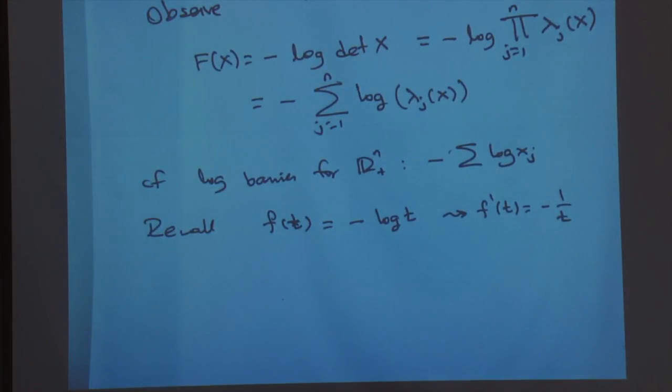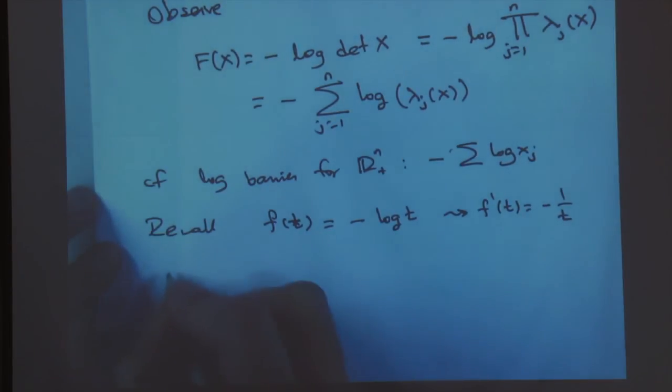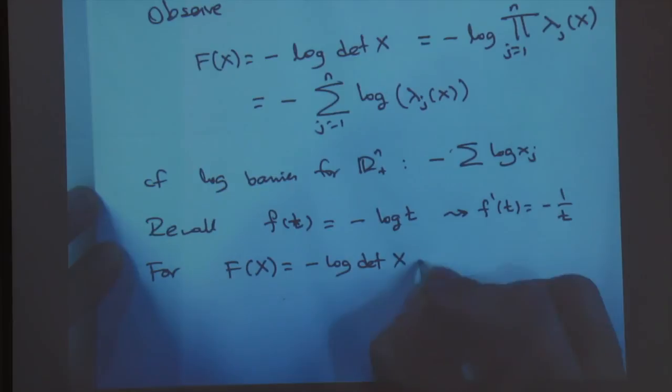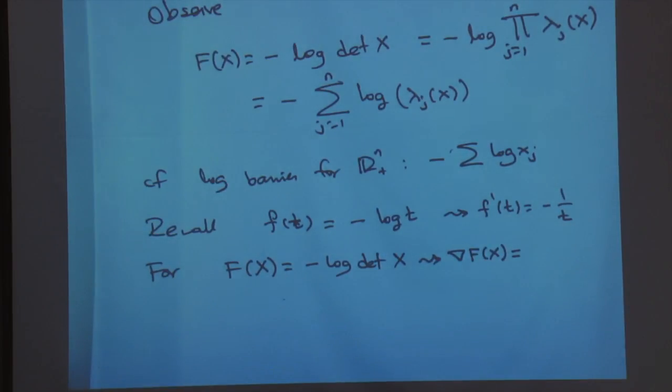Now, there is something that I find to be very pretty. So for the logarithmic barrier function, we have that the gradient is, so first of all, what should the gradient be? The gradient of a function is a vector, right?